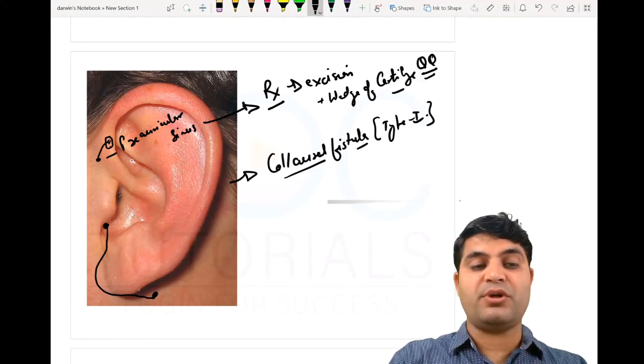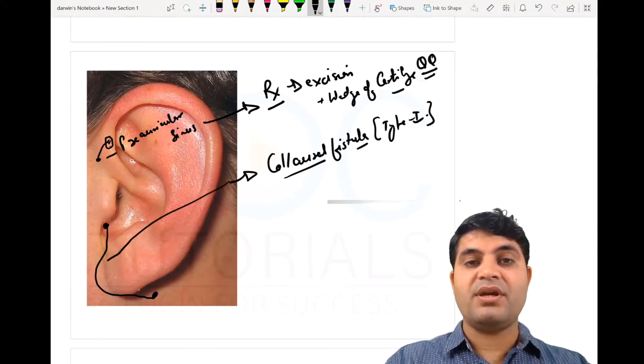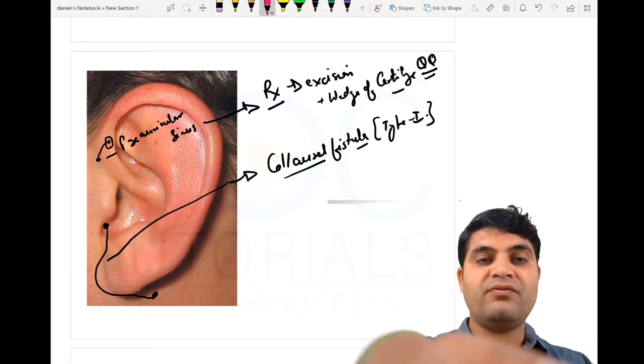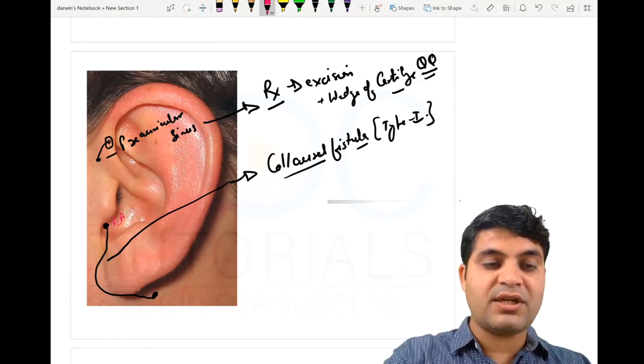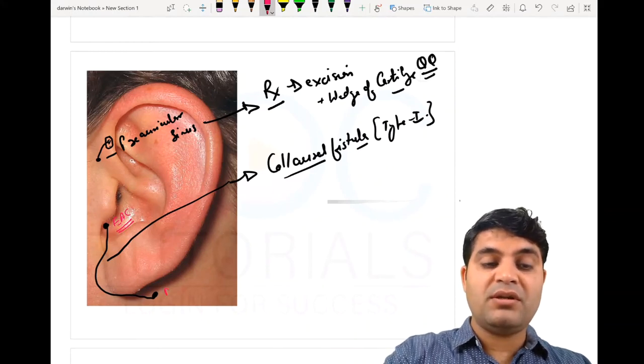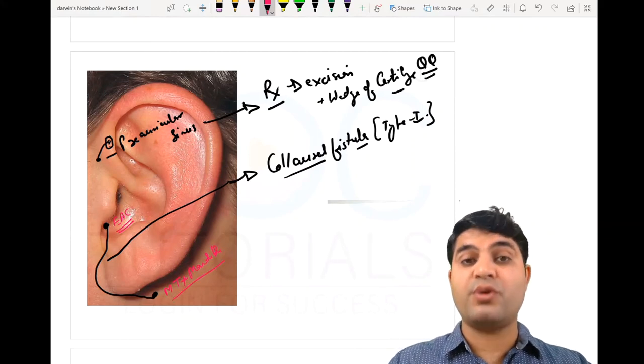So this is very important. You can see this track. This is how you track it. Clear? This is known as coloral fistula. One opening at the floor of the external auditory canal, the second opening between mastoid tip plus angle of mandible. So this is important, dear students.